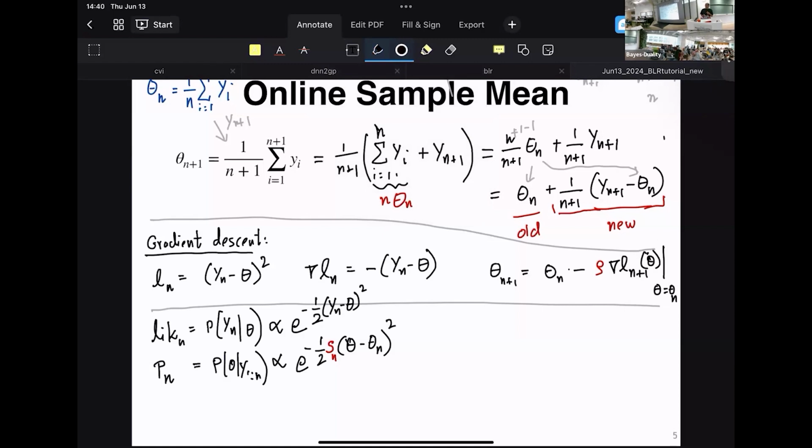So now if you did this, the posterior at n+1 is equal to this, something very similar to the prior, but I'll denote it by theta n+1, and I'll have an Sn+1.